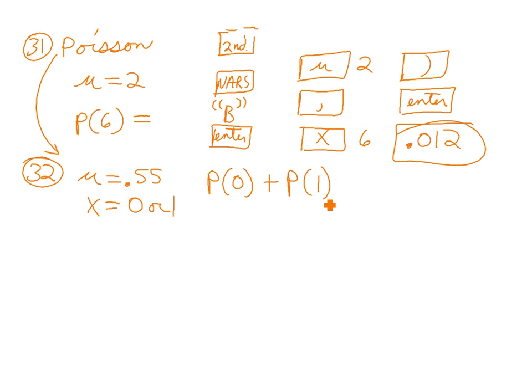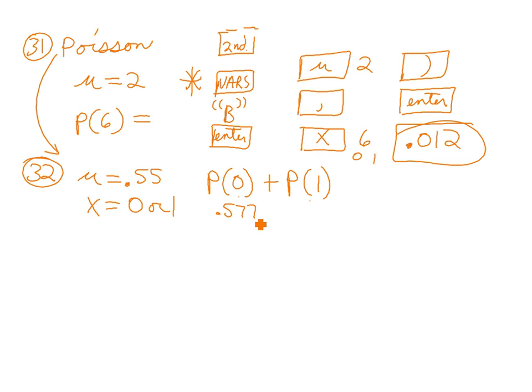I put it in the calculator, doing all this stuff up here again. But you have to put them in separately, so you'd have to put in 0 here, and then come up with that answer. Next time put in 1 for x, and when I did all that, I came up with 0.577 for 0.